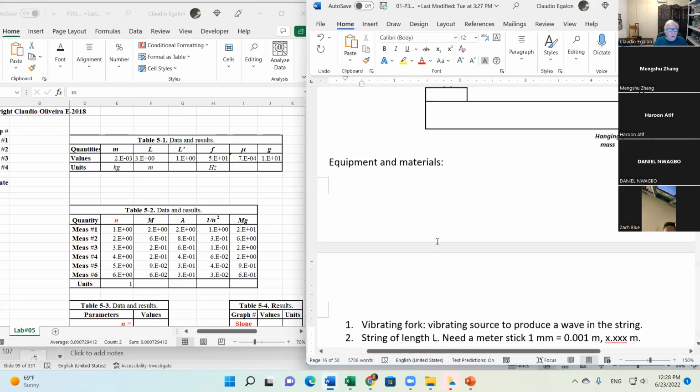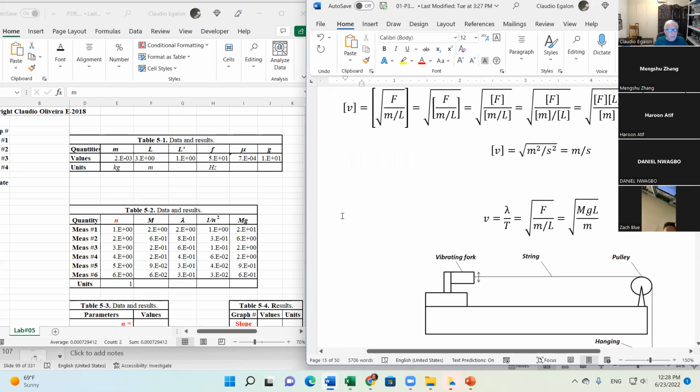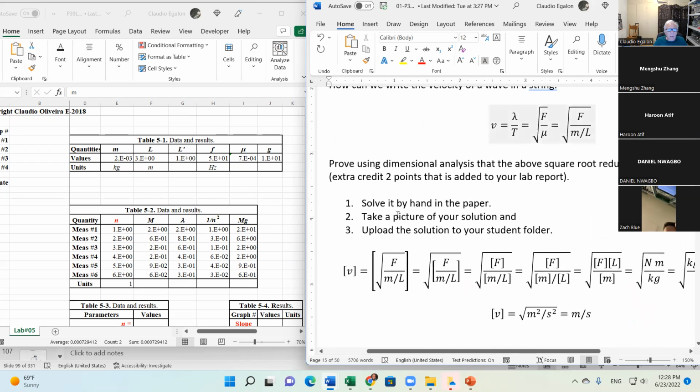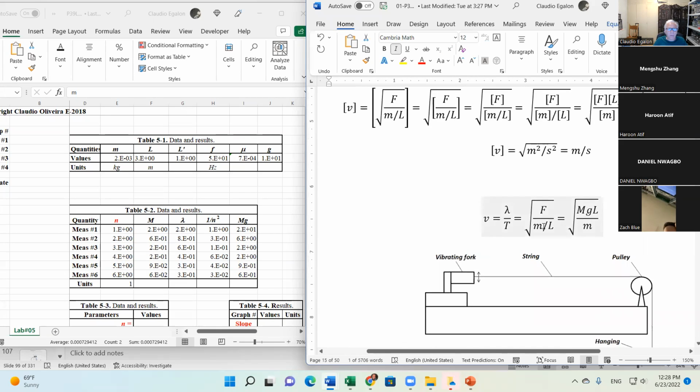So what we're going to do, we're going to verify this formula that you see right in here. The velocity of the wave is the square root of the tension divided by the mass per unit length of the string. The tension in the string is Mg.